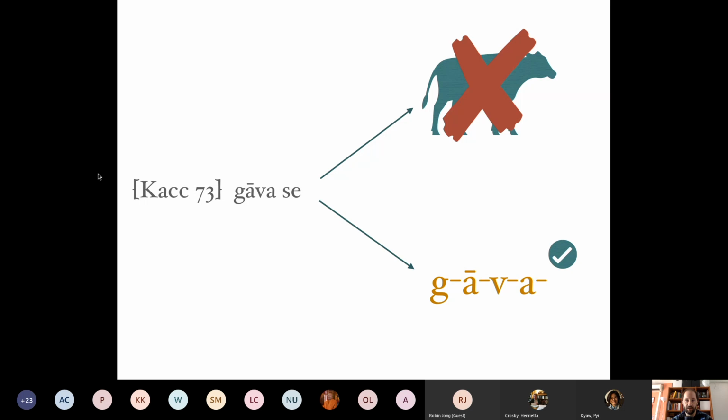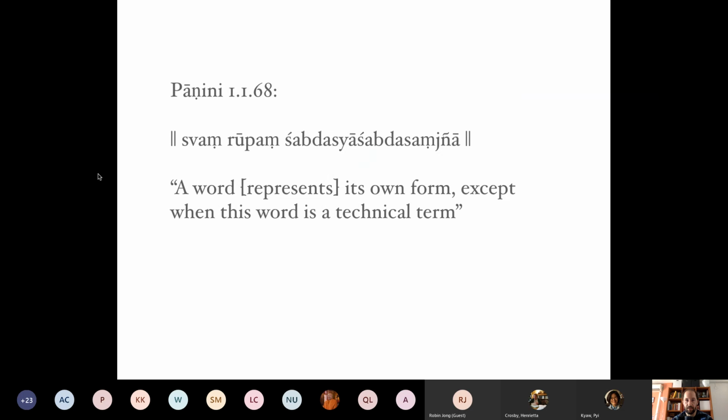So here clearly in the grammar, the shabda, the word, represents its own form. It does not represent the external referent, right? That is quite clear. But there is an exception, and that is except when this word is a technical term.